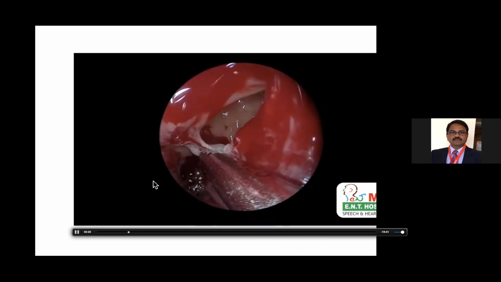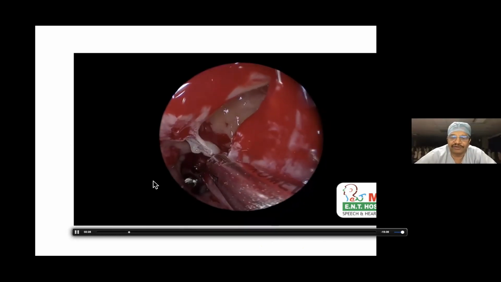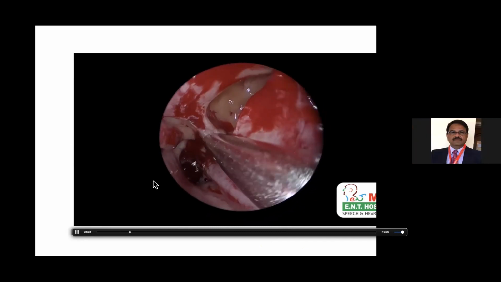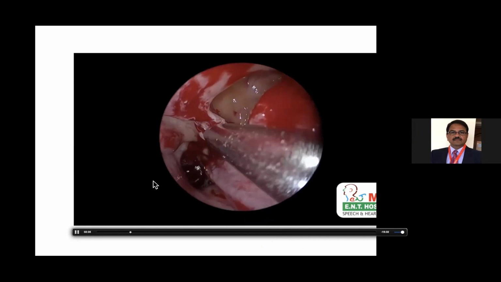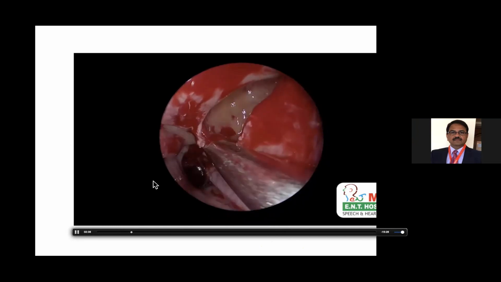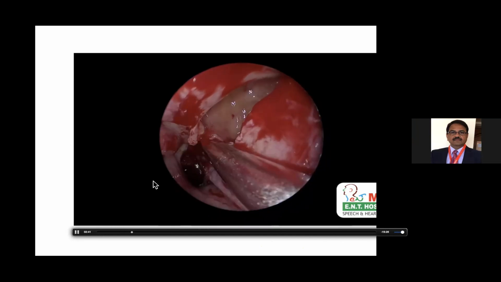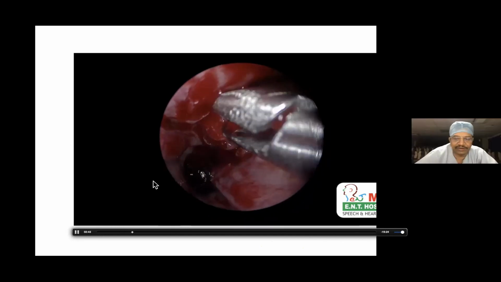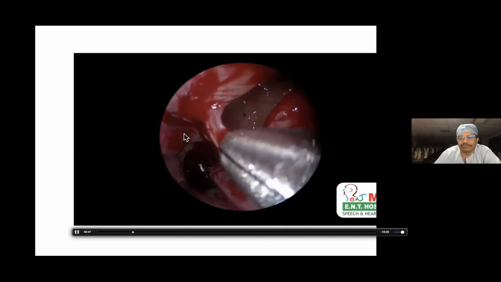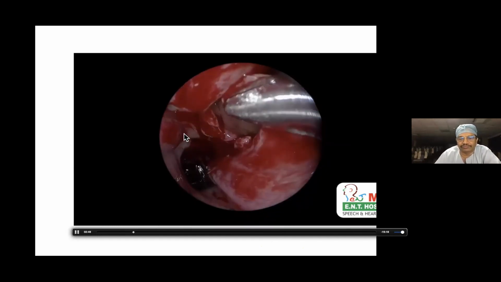That is the horizontal part of the uncinate, which I just debrided. To do an adequate middle meatal antrostomy for cases like chronic rhinosinusitis, how far back would you go? I leave at least some amount of this vertical posterior fontanelle. I don't want to remove it completely.